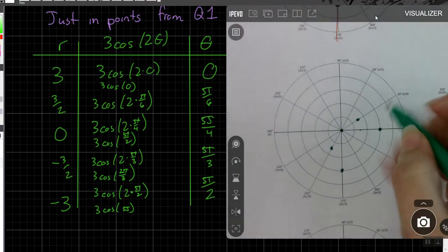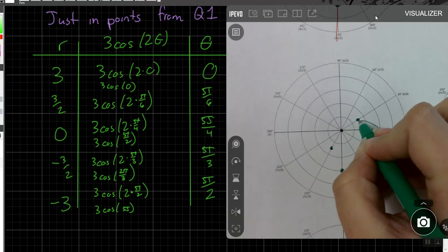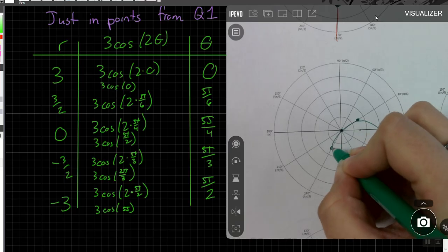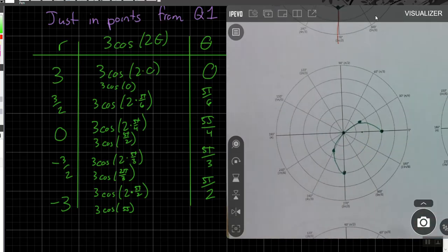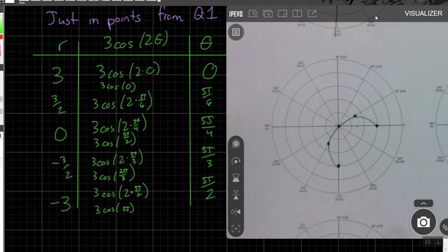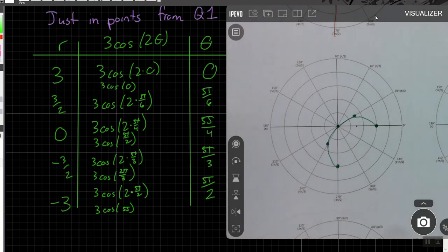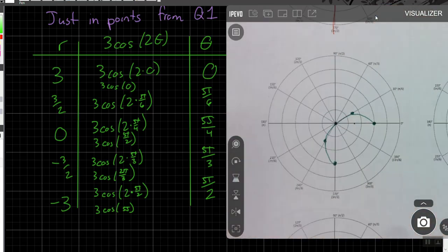Okay, we should have a curve something like this. What do you want to reflect over first? Anybody can pick. Pi halves. So we're flipping this way.